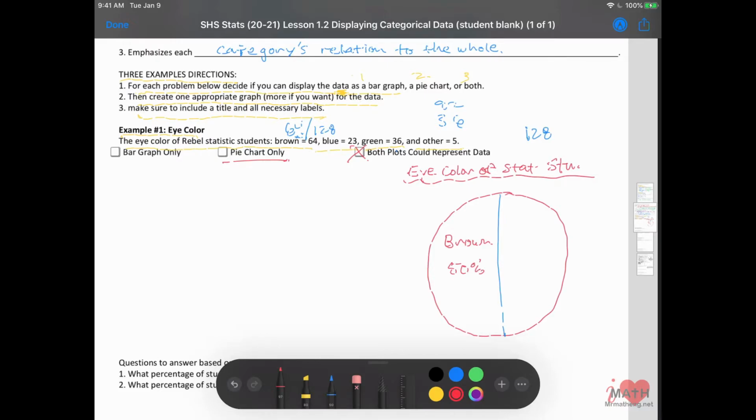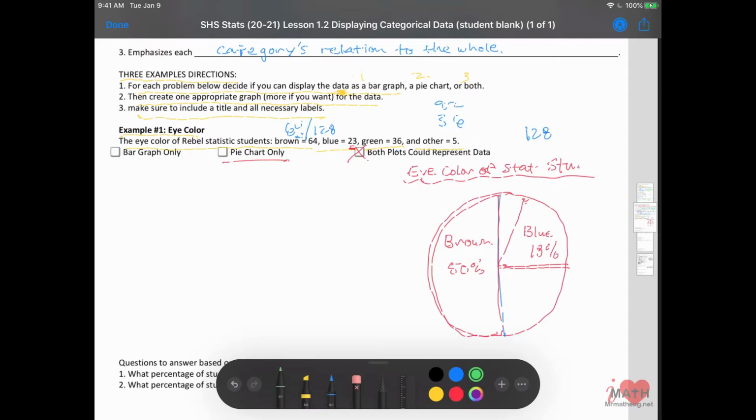And then you would do the same thing, right? 23 out of 128 for blues, and you'll get 18%. So maybe, okay, so fraction lesson, this is 50%, right? And then half of 50 is 25, so 18% has to be a majority of this, but not all of it. So I'm going to say that this one is blue, 18%.